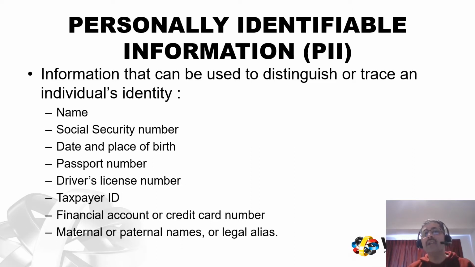In the United States, information about an individual's health is defined as protected health information, or PHI. While in the European Union, the same information is considered sensitive personal information, which is a legally significant subset of personal information.